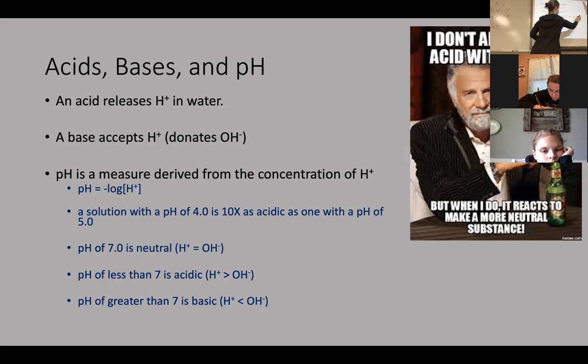So it's measuring the concentration of H plus on a log scale. And I know no one really uses log in everyday life, right? But the log comes into play with this second bullet point. If you move from a pH of 5 to 4 on the pH scale, so say you have something with a pH of 5, and then something with a pH of 4, it's actually 10 times more acidic. That's where the log comes in.